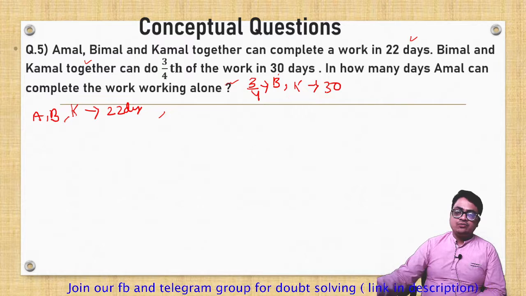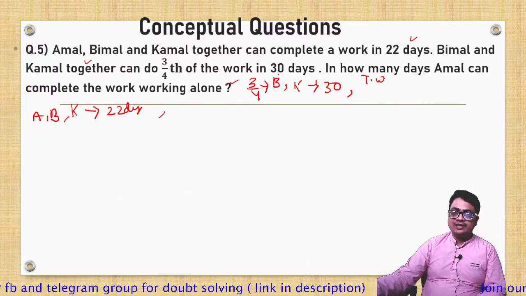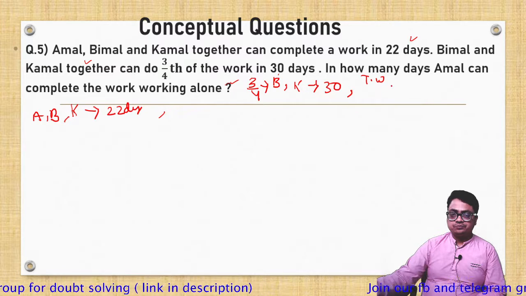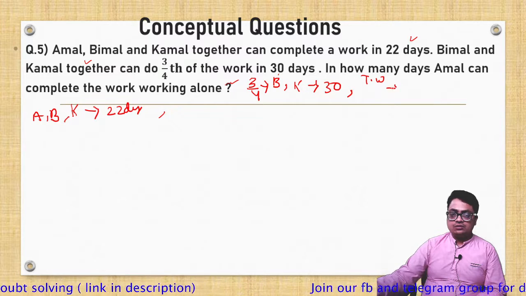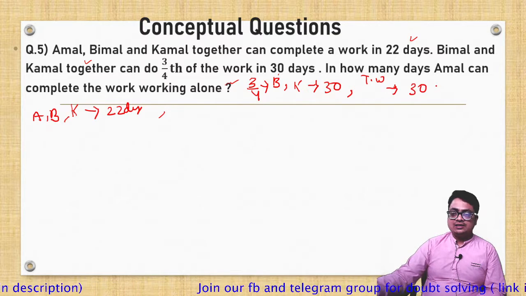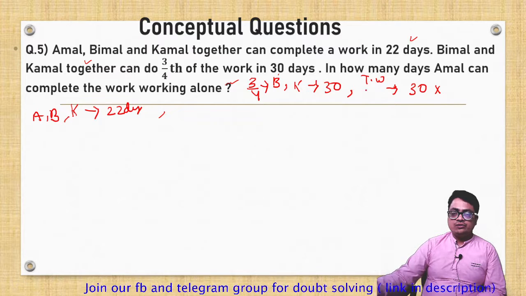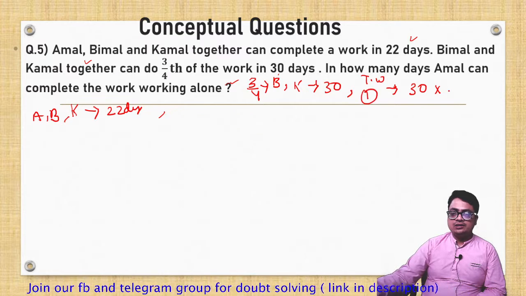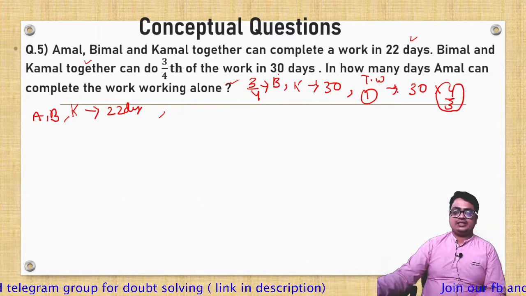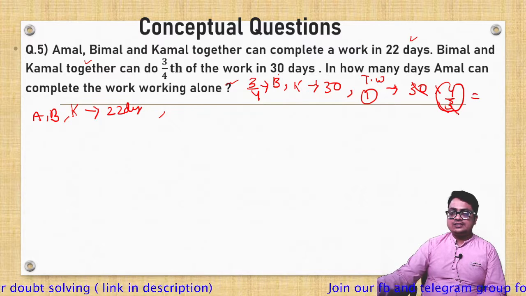If 3/4 of the work takes 30 days, then how long will the total work take? Total work is 1, so it will be done in 30 into 4 by 3 days. 30 into 4 by 3 is 40 days.